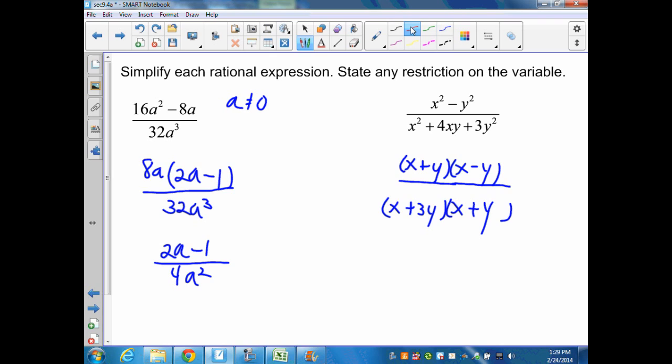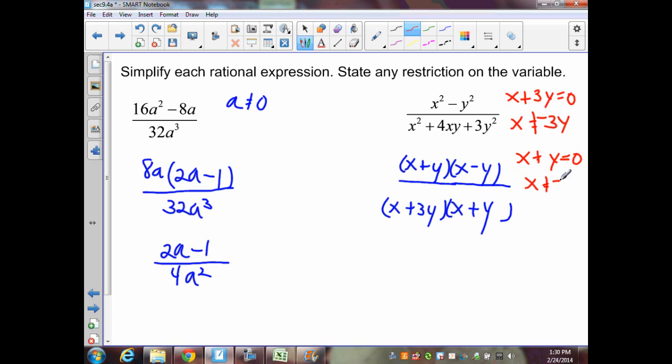That would be setting each quantity in the denominator equal to 0. x plus 3y equals 0. x equals a negative 3y. So x can't equal a negative 3y. And x plus y equals 0. x can't equal a negative y.